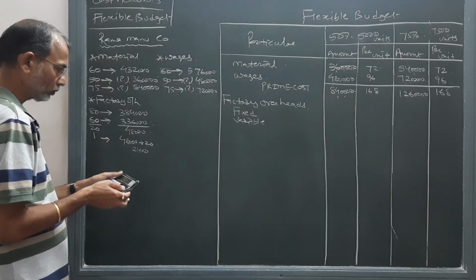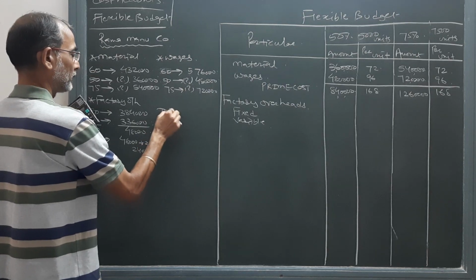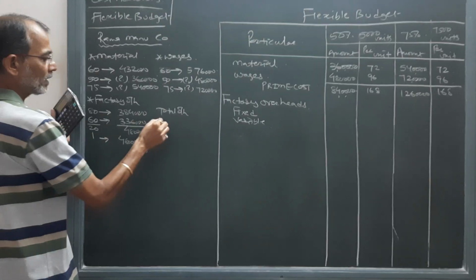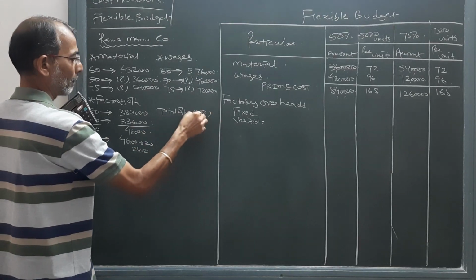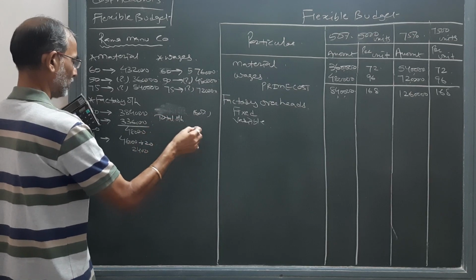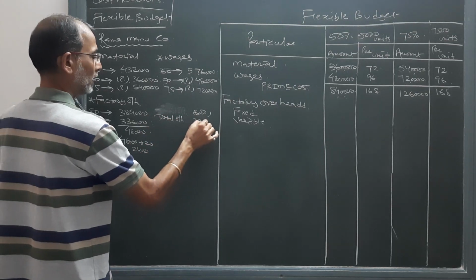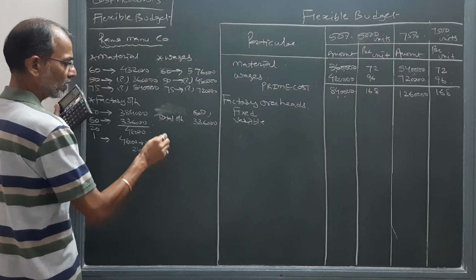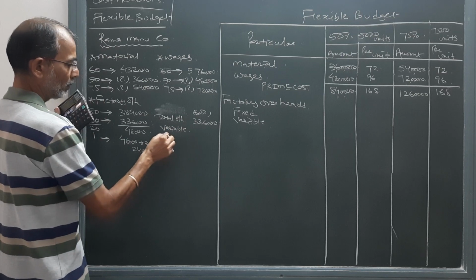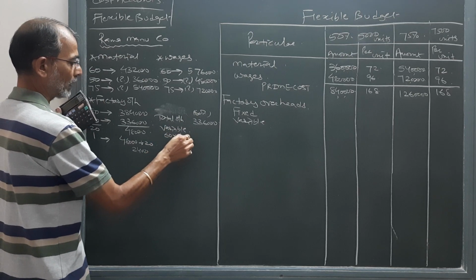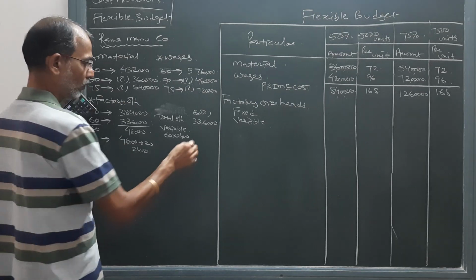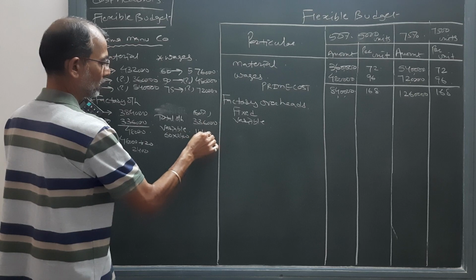That means total overheads, we are taking it at 60%, are 3 lakh 36,000, out of which variable will be 60 into 2,400, 1 lakh 44,000.